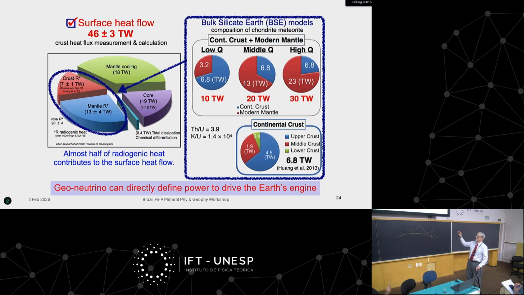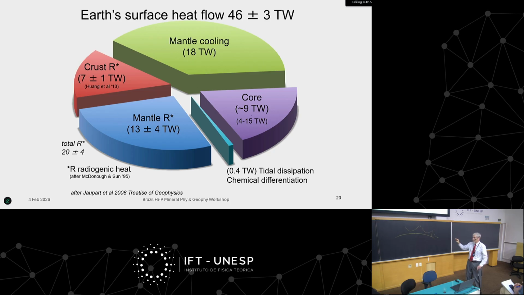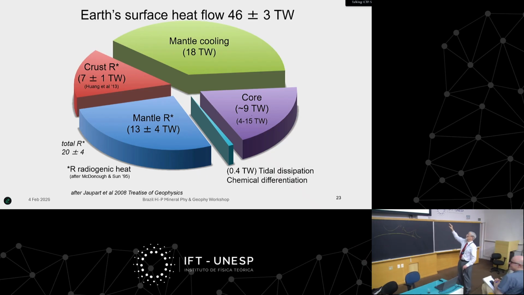Oh, no. It's kind of exciting. You want to know the answer. I have to slow him down. He's very excited. He's got a big smile here. Well, what we can see is the core. I say it's about 9, but I was getting very generous at the time, so I say 4 to 15 terawatts, just to say we're not that sure what the flux of heat coming out of the core is.